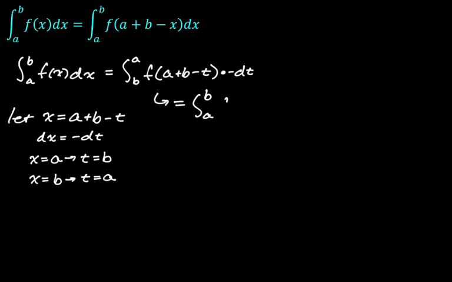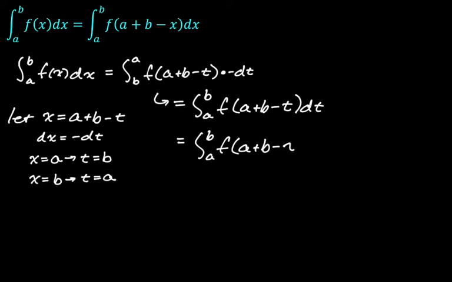So this is going to become the integral from a to b of f of a plus b minus t dt. This is just spelling it differently, so we can change those t's back into x's, which will give us the integral from a to b of f of a plus b minus x dx. So that's where the property comes from.